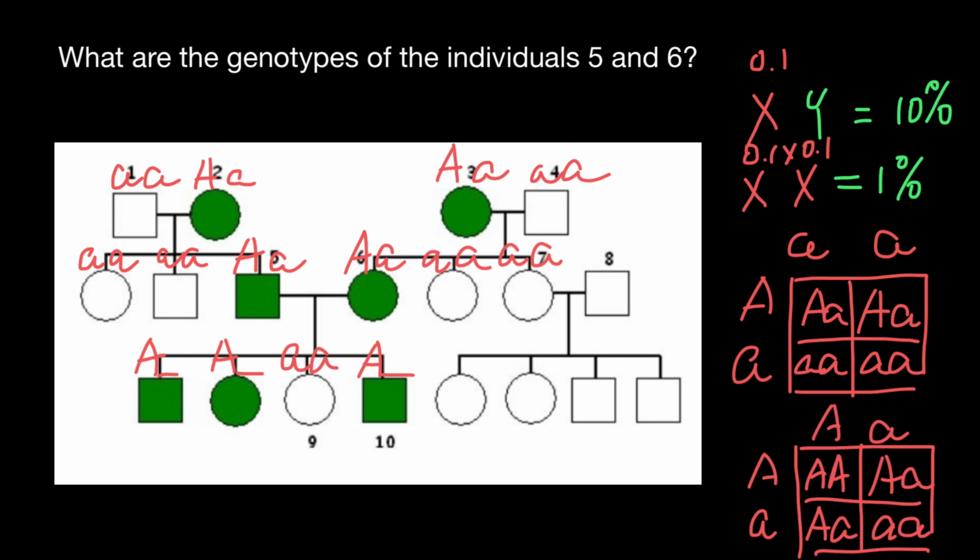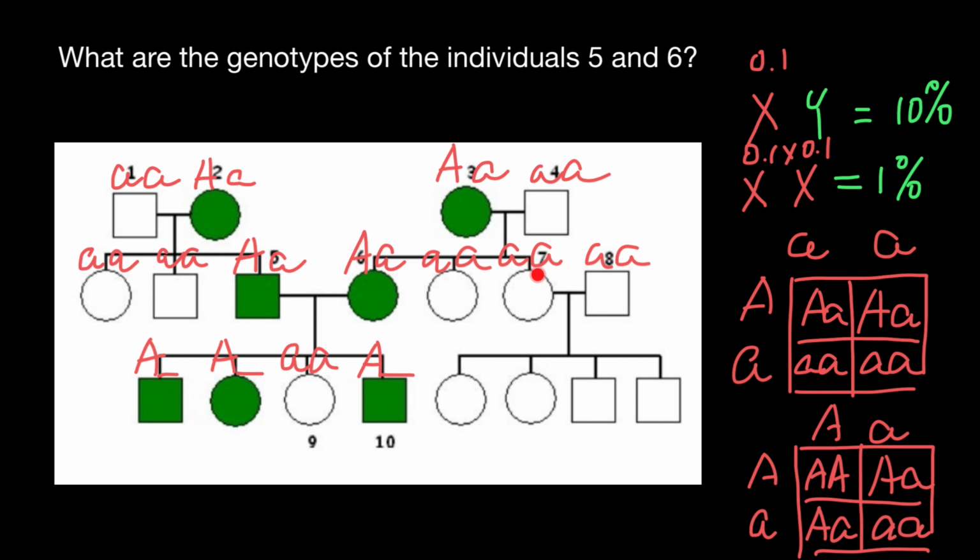What is also interesting and confirms our observation that this female is homozygous recessive: if it is a rare genetic disorder, we also assume that this male, who is unrelated to this family, has to be homozygous normal.